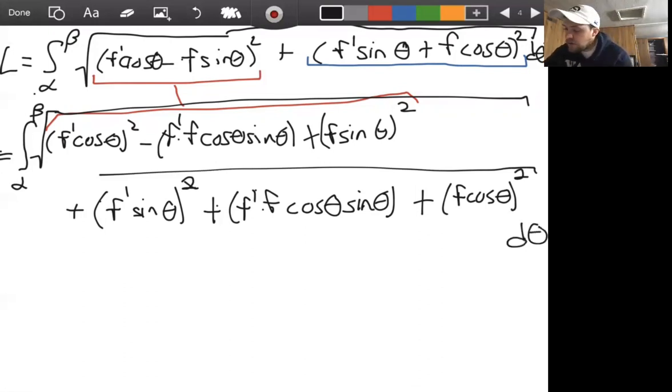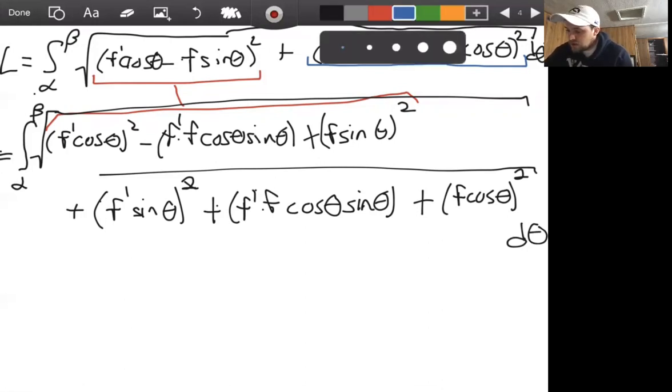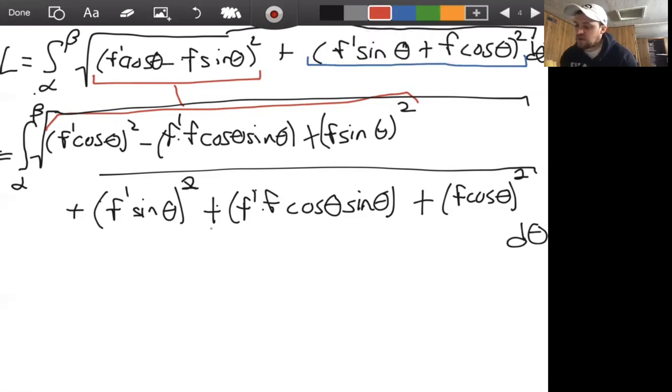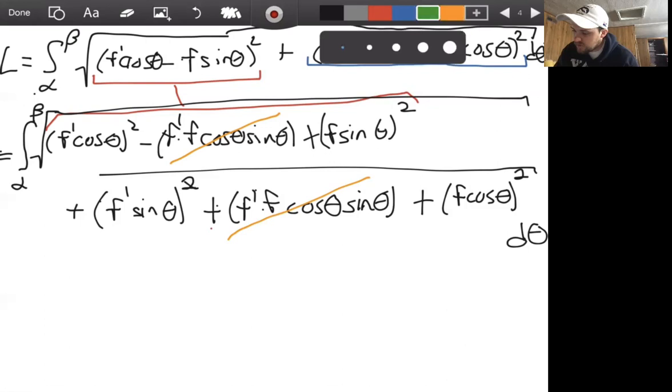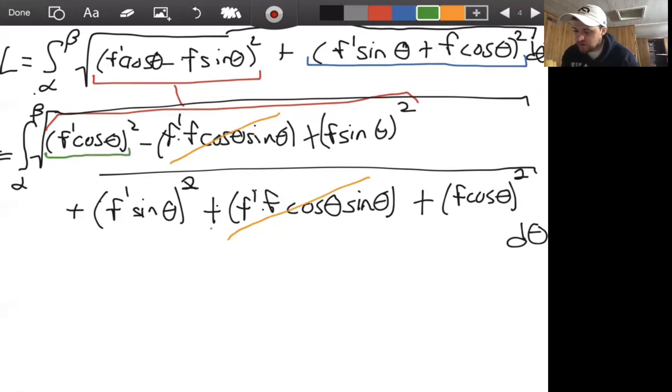Okay, and so now we look to simplify instead of complicate, right? And so what do we see here? We see we have a minus f prime f cosine theta sine theta plus f prime f cosine theta sine theta. So this term actually cancels with this term, which makes our life a lot easier. We see also that we have an f prime cosine theta squared and an f prime sine theta squared.